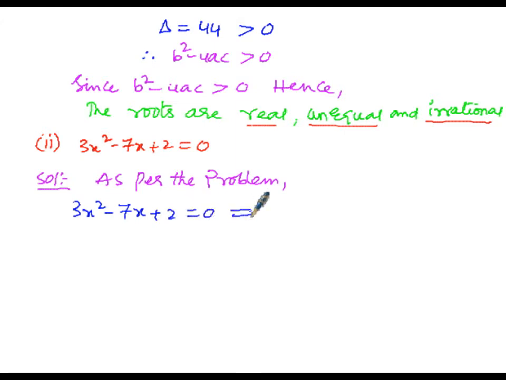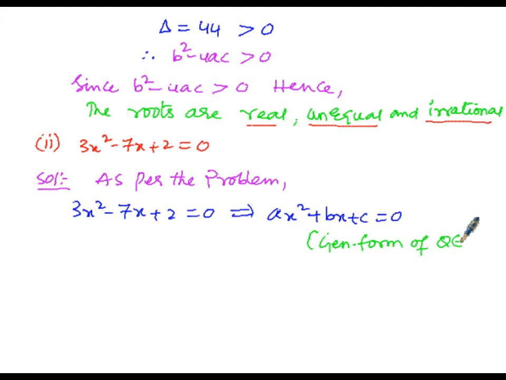That implies, since it is in the form of a quadratic equation, the general form is ax square plus bx plus c is equal to 0, which is nothing but the general form of a quadratic equation. Now let us compare. The x square coefficient is a, here the x square coefficient is 3; the x coefficient is b, here it is minus 7; c is 2.